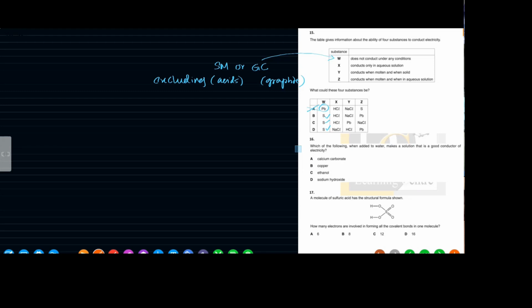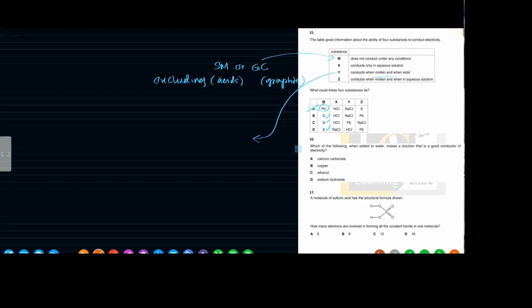We can't remember exactly. We learned something like only in aqueous solutions, right? So it's kind of a tricky one. Therefore, I'm going to skip X and go to Y. Y says it conducts when molten and when solid. That is a really important one.